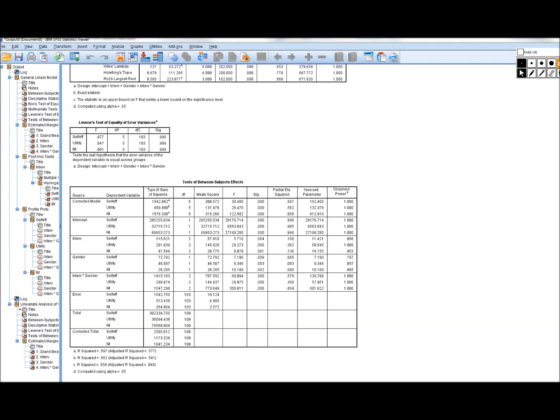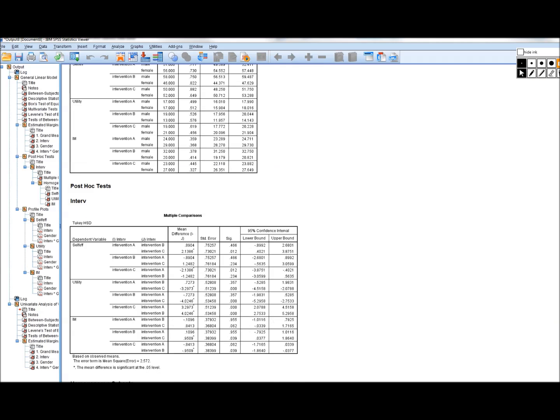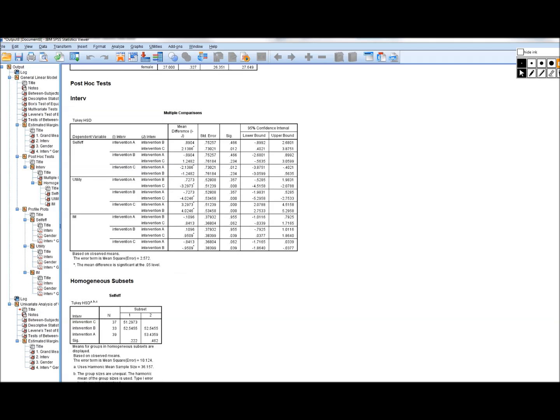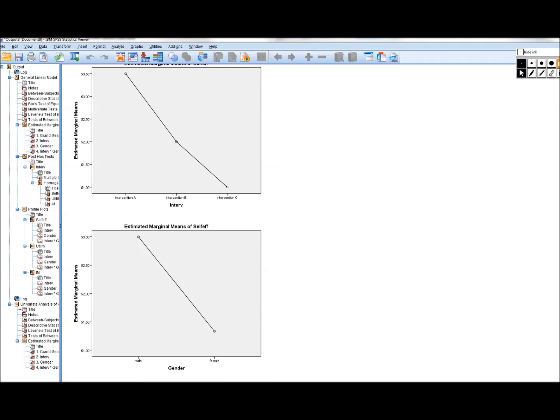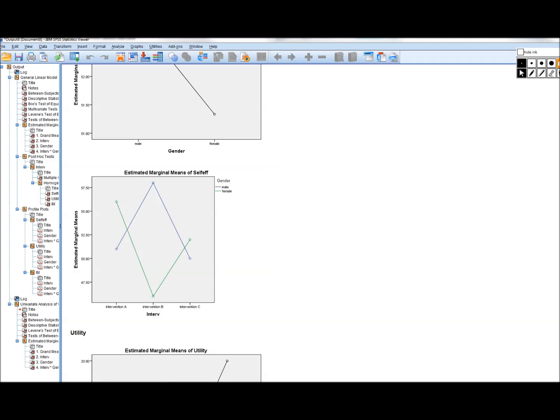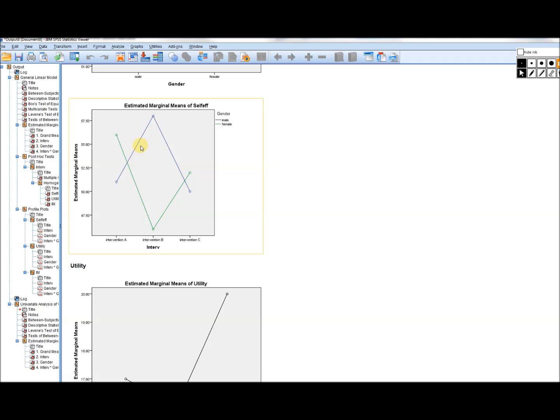You could then follow that up by looking at Tukey's post hoc tests to explore where the possible mean differences lie, and then look at profile plots to describe the interactions that are indicated by the statistical tests.